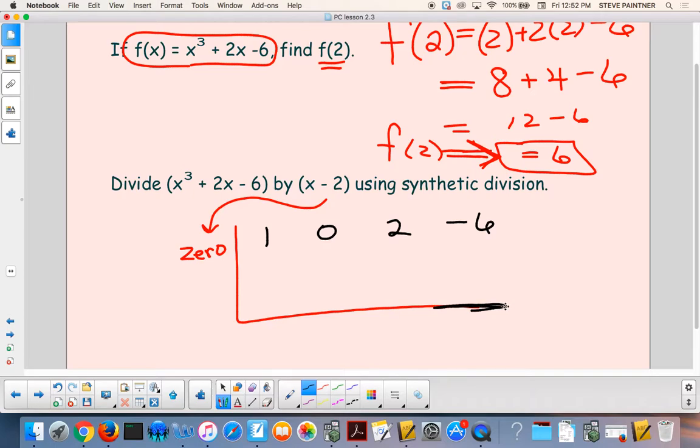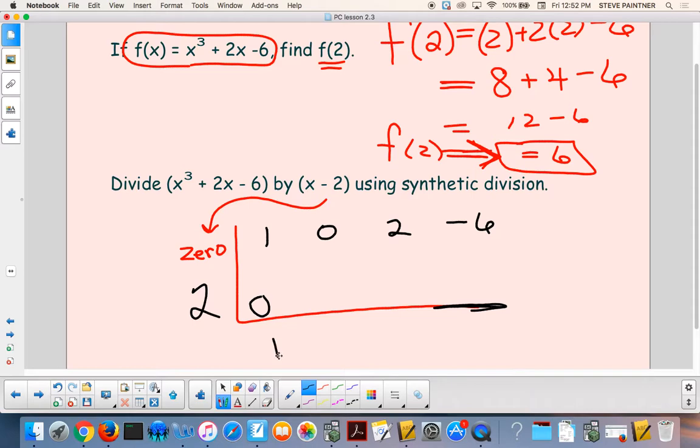Did you remember to put the 0 there? Yeah. Okay, good job. And what's going outside this little bracket? A 2. Okay. In the corner goes 0.